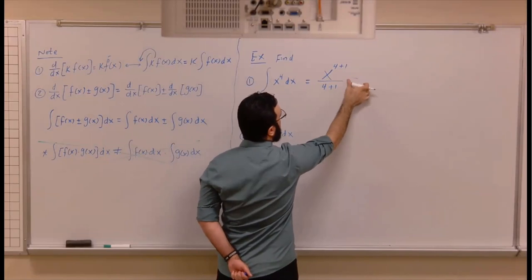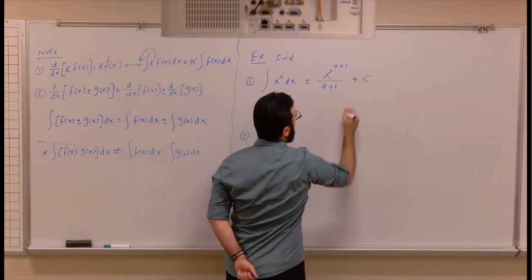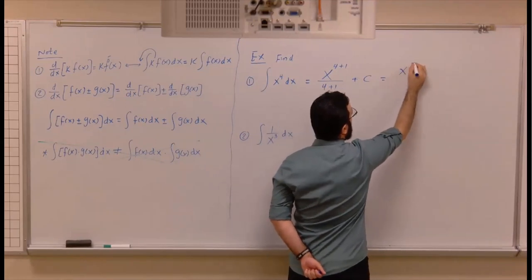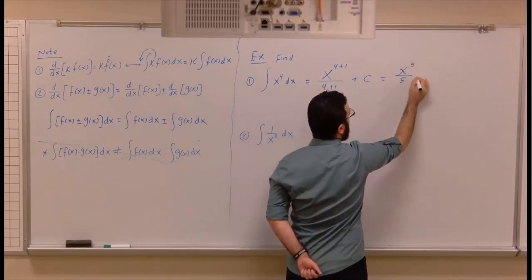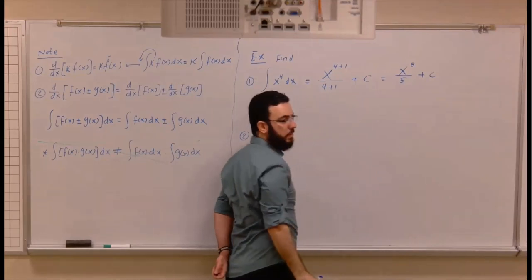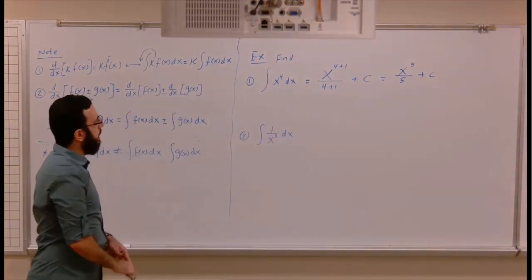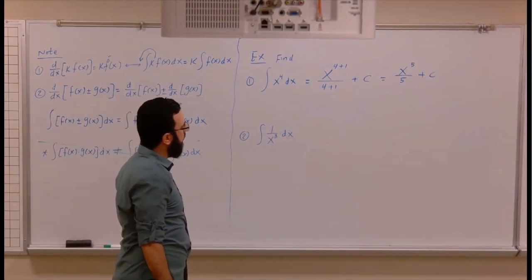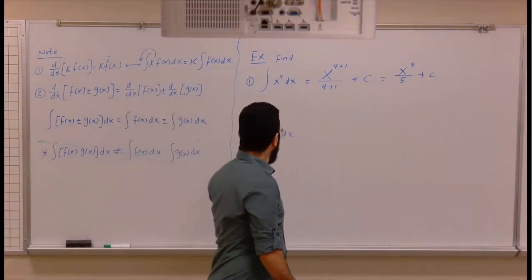And always when you find the integral, you have to add the c. That means this one is going to be equal to x to the power 5 over 5 plus c. So this is the integral for this function, x to the power 5 over 5 plus c.